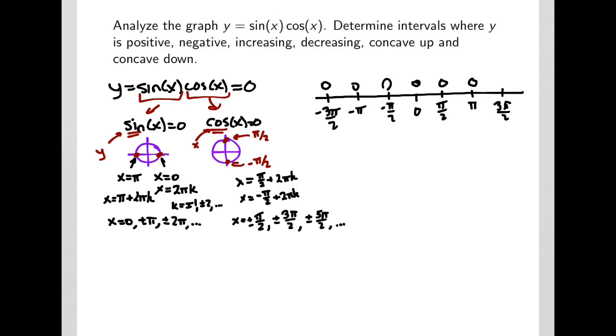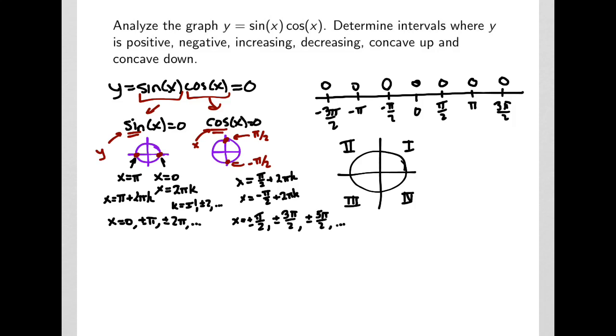And now I want to think, well, okay, when is it positive and negative? To answer that question, again, I want to think about the unit circle. And so I've got my 4 quadrants. I've got quadrant 1, quadrant 2, quadrant 3, and quadrant 4. And in each quadrant I can decide, is the sine positive or negative, and is the cosine positive or negative.